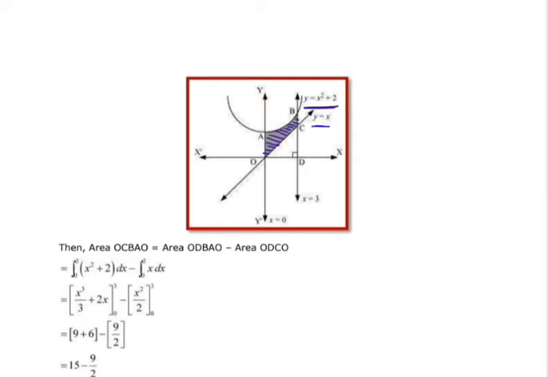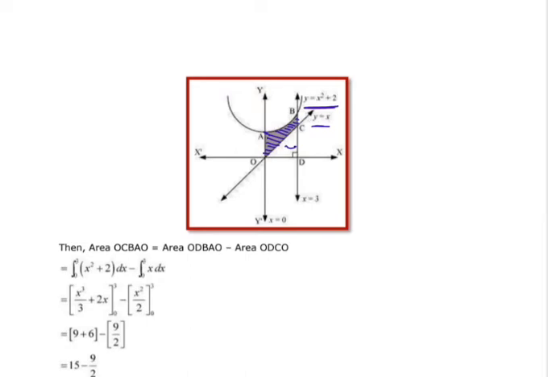under the two curves. One line is there, one curve is there. So the area OCBAO, which is equals to the area ODBAO minus area ODCO. We are subtracting this area, right?